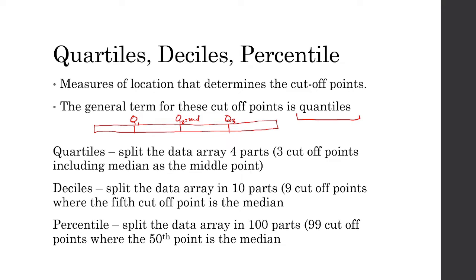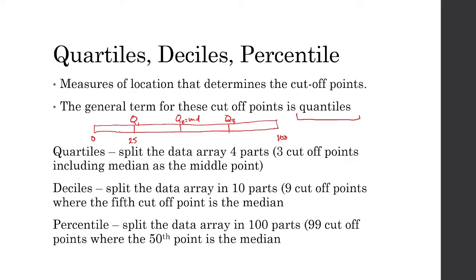If we write this as percentages, halimbawa, this is 0, this is 100. If someone says that your score falls below the first quartile, ibig sabihin, your score belongs to the bottom 25% of all of the scores.